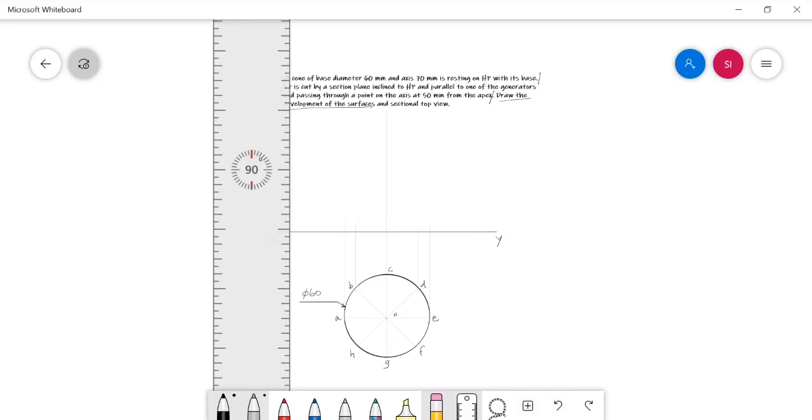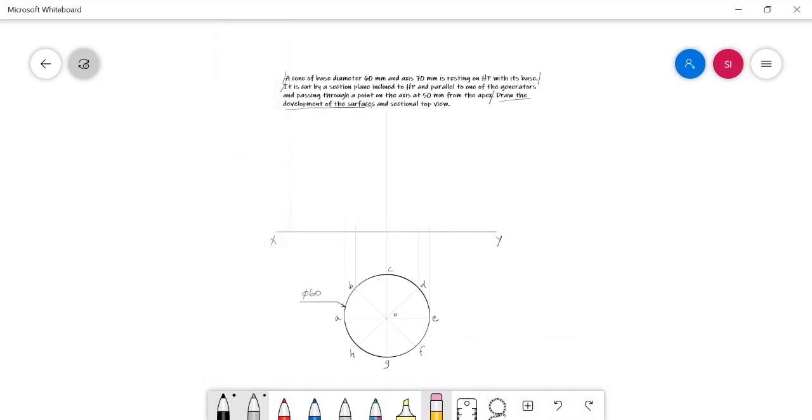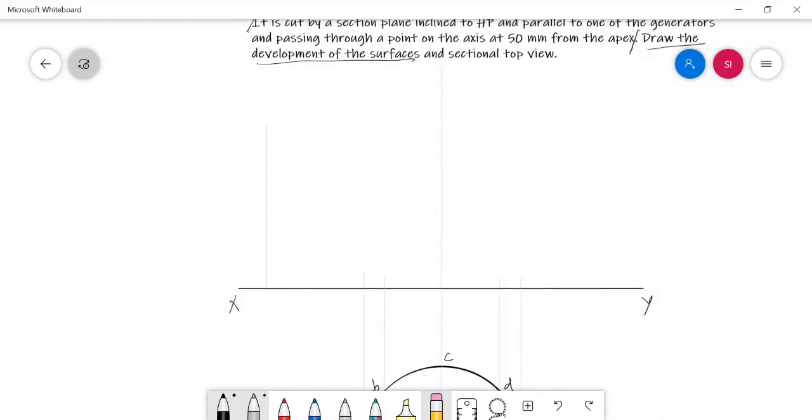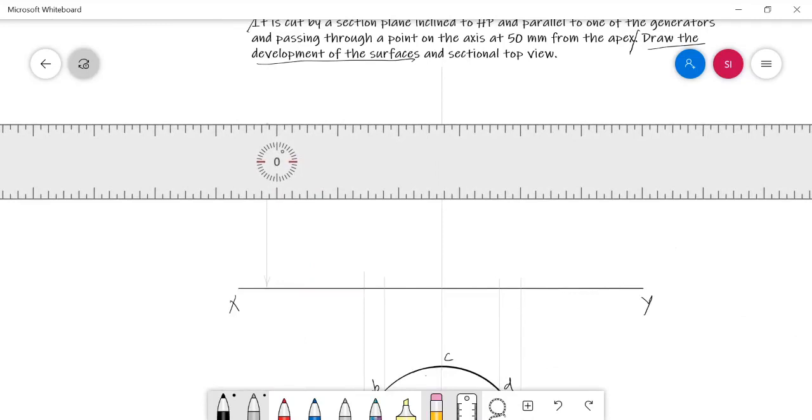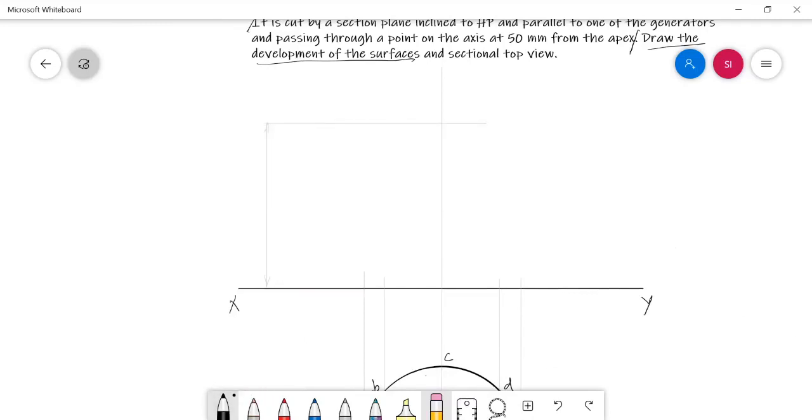So at this range, yes, I marked the apex point here.